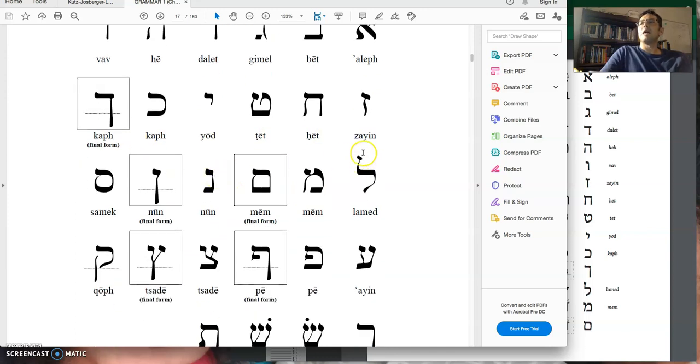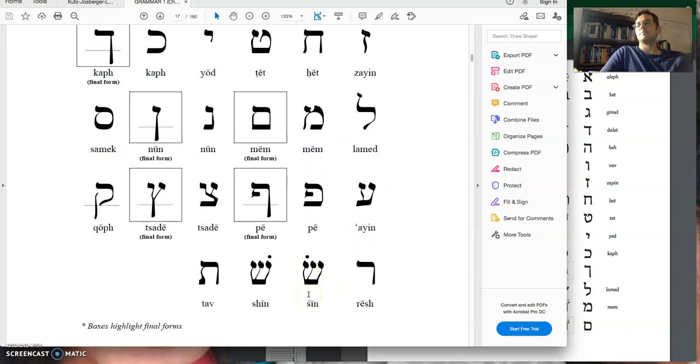And then the next part. Lamed Mem Nun Samech Ayin Pe Ayin Pe. And then again, Tzadik Kof Resh Shin Tav.